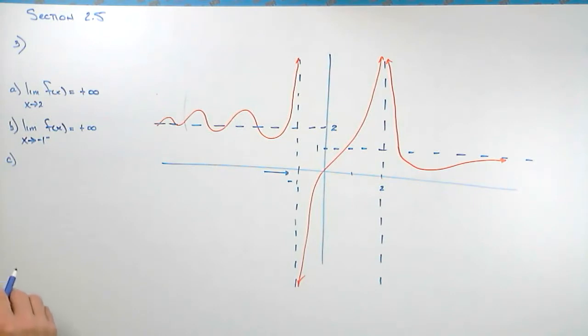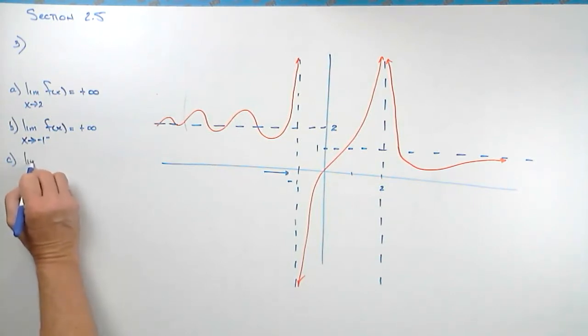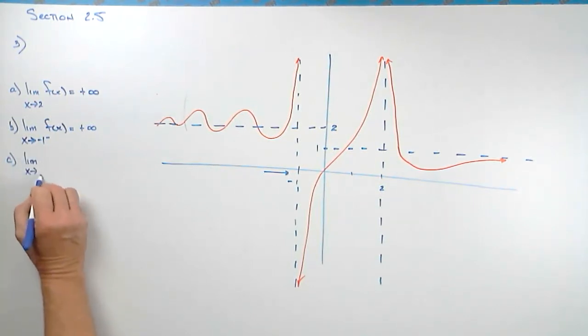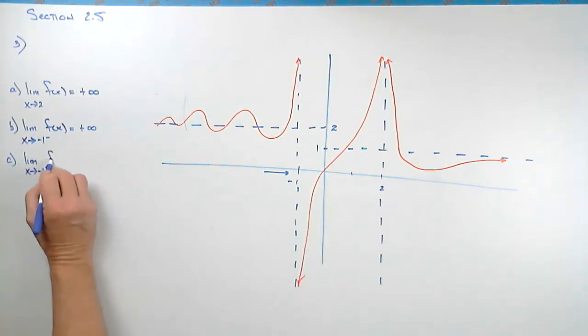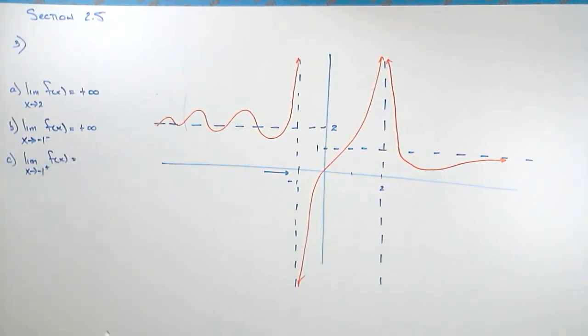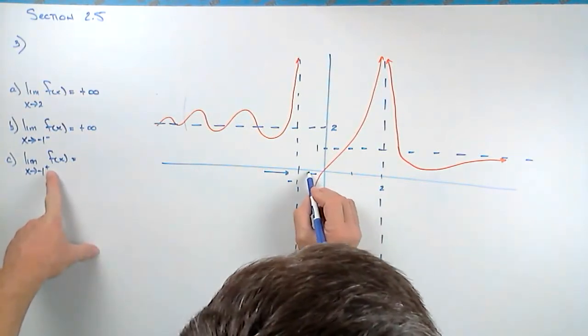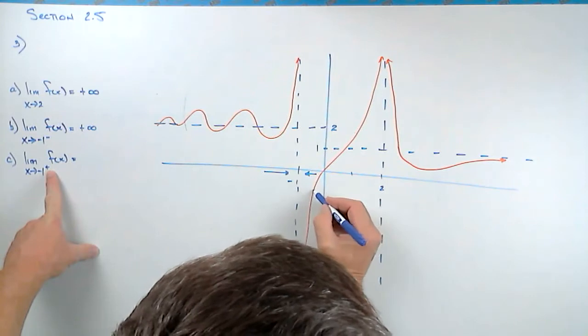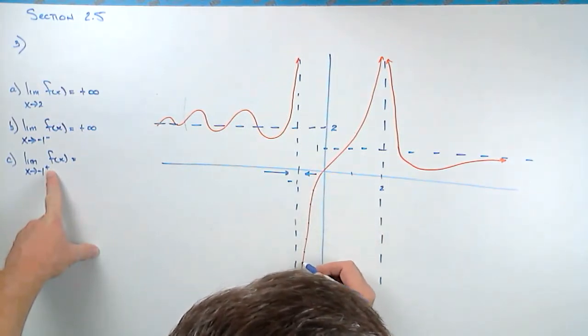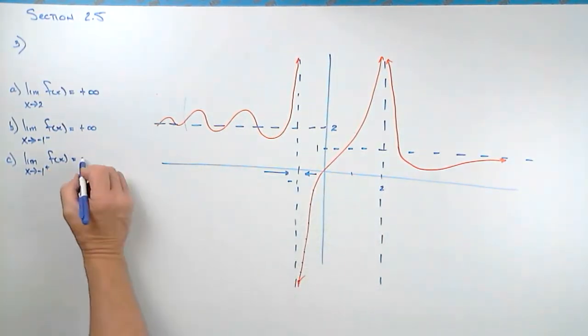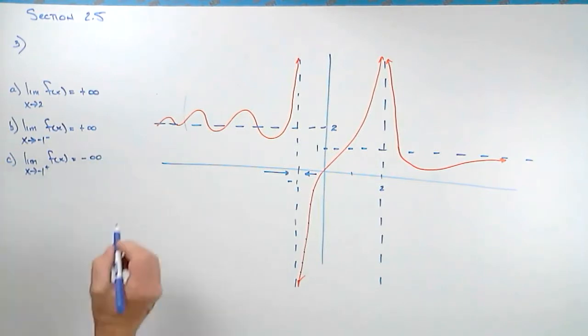C says, what's the limit as x approaches -1 from above of f of x? Now, as we approach -1 from above or from the right, we're coming from this direction towards -1. Our beads would be on this part of our function. And so that's going to negative infinity.